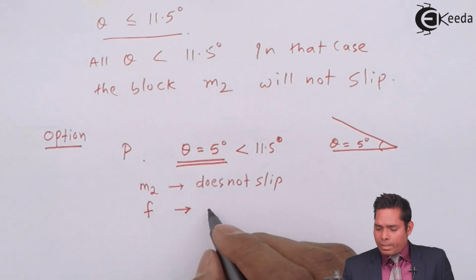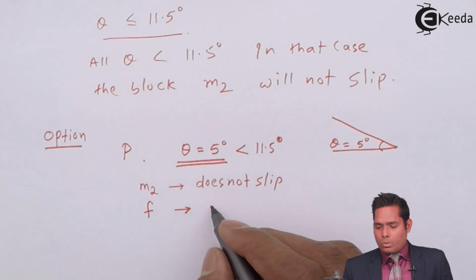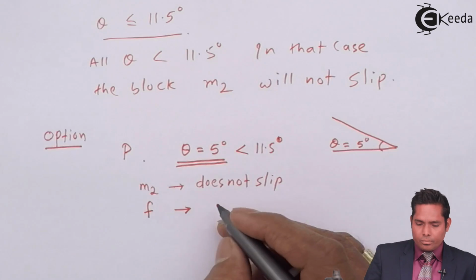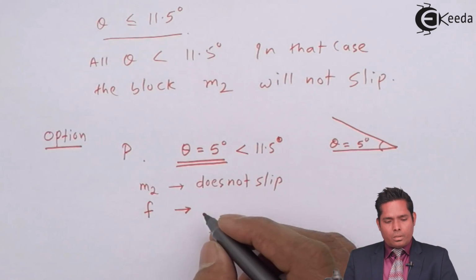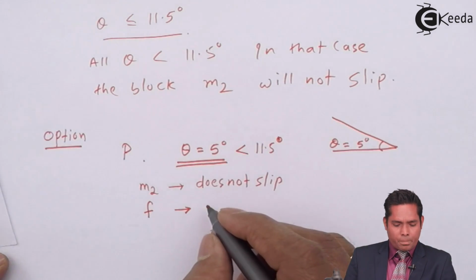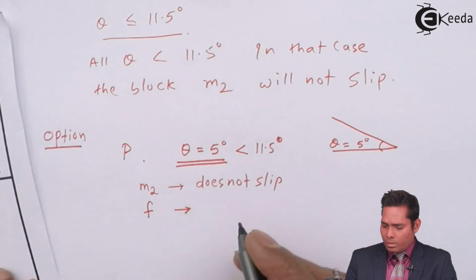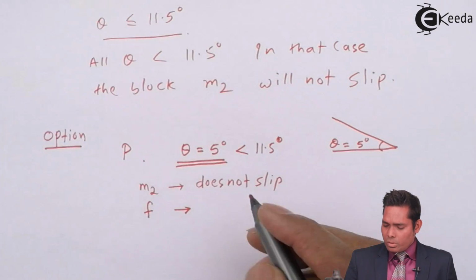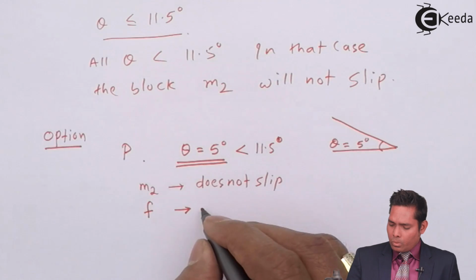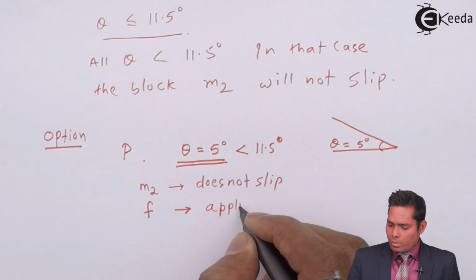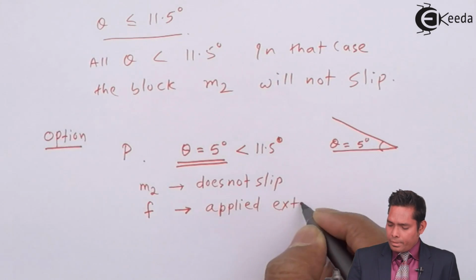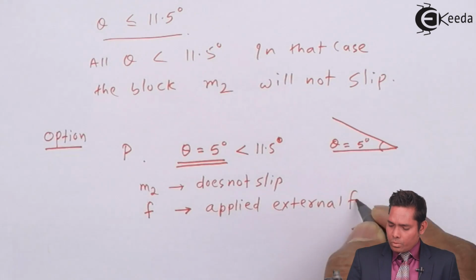If it is not slipping, then the friction is equal to the applied external force.